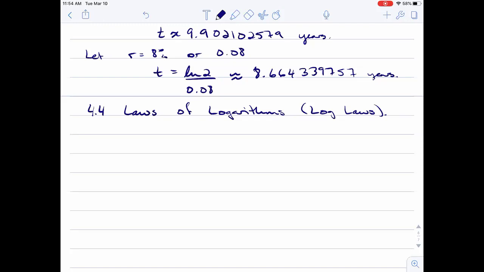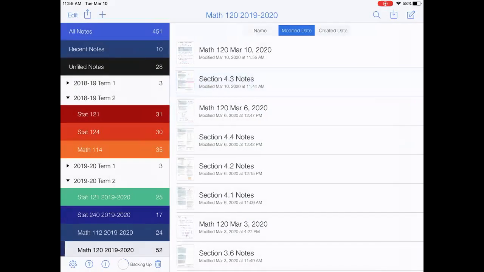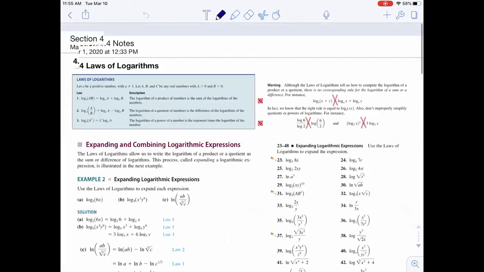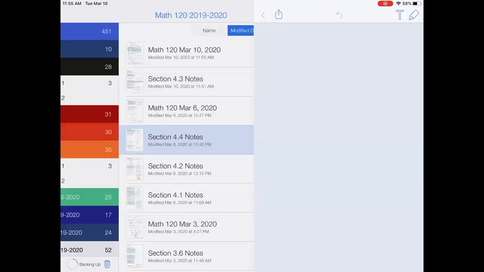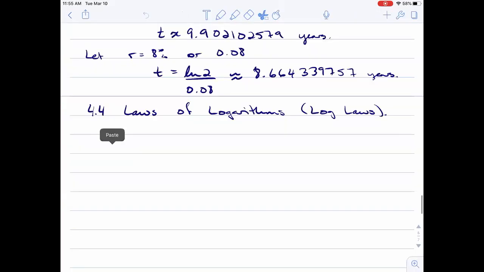There's a lot of fields where we need to take logs of things. In stats, we have to take logs to straighten things out. I'll show you how in a little bit, but there's a lot of fields where we need to take logs and work with logs. So let us talk about the log laws.